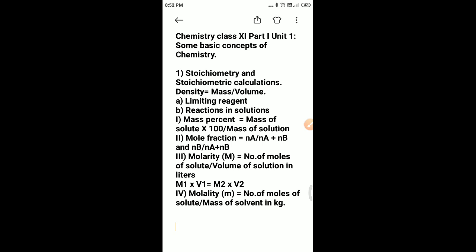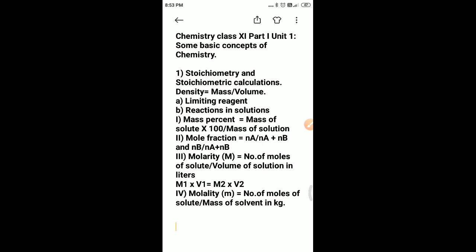From these relationships, we can interconvert like this: mass gives moles, and from the moles we come to know the number of molecules. Reversibly, number of molecules gives moles, moles gives mass. Here density is equal to mass by volume.